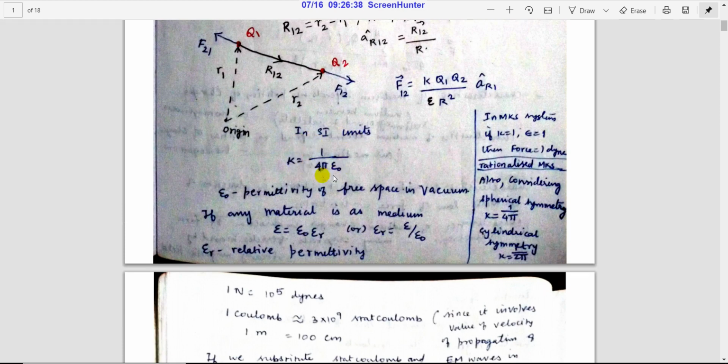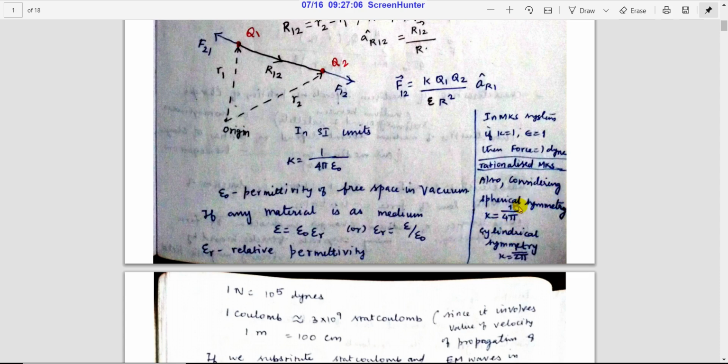This 1 divided by 4 pi epsilon naught: the 1 divided by 4 pi has come from the consideration of spherical symmetry. Spherical symmetry has the property of 1 divided by 4 pi number of unit vectors, which can be represented for any force dealing with spherical symmetry.